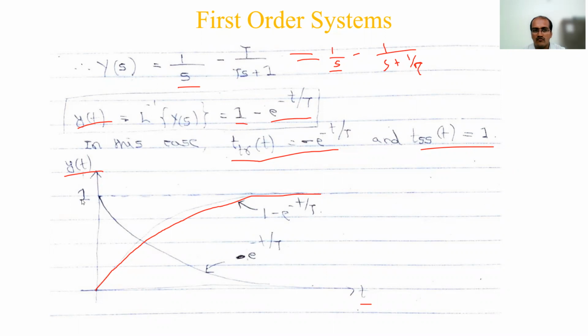The value 1 is here, and the minus part is this curve. Together it is 1 minus e to the power minus t by tau. If you show only minus e to the power minus t by tau, it looks like this, decreasing because of the minus sign. So this is the steady state value and this is the transient value.